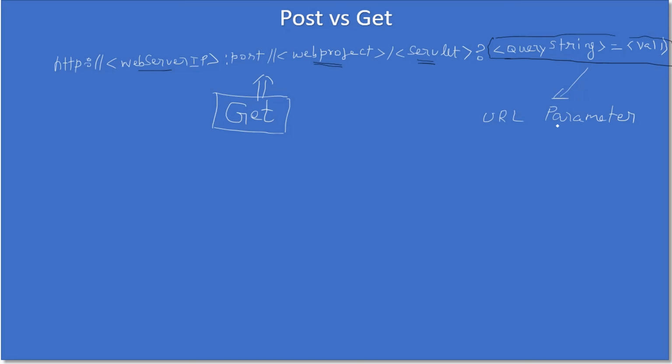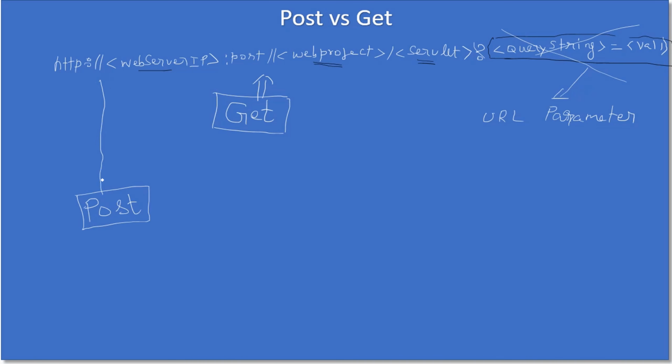These URL parameters are visible when we are using the get method to submit the form data. There is one more method called post. In post, we will not get this URL query string. All we have is the HTTP port number and the web project URL address.